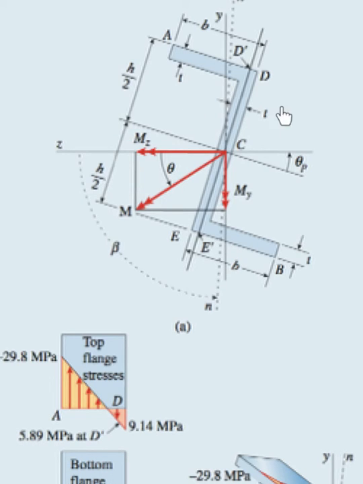Therefore, this side will experience compressive stress, and this side will experience tensile stress. Therefore, this component of the bending moment will result in tensile stress, which is positive, on this side. This is important because it's going to affect whether you are adding or subtracting your normal stress at that point D. You will realize this a little bit later.